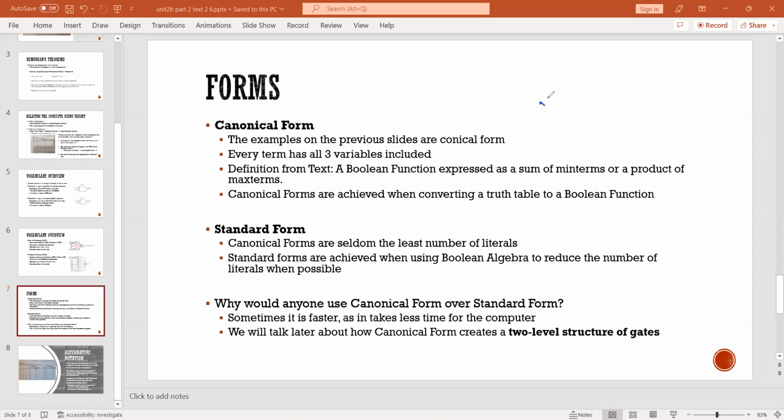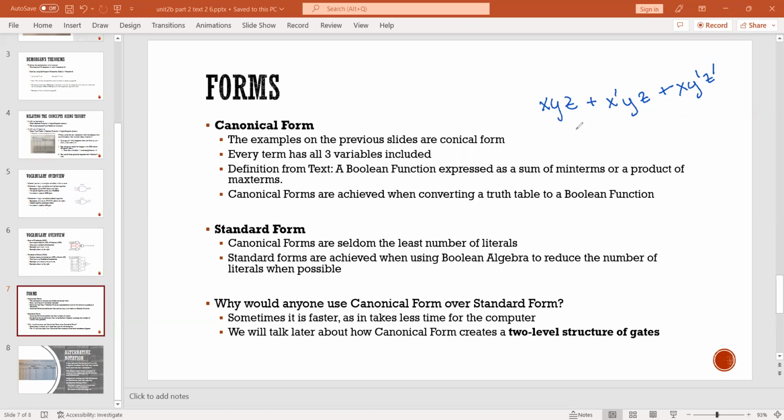So if you had like X, Y, Z, and then you said plus X prime, Y, Z, whatever it is, plus X, Y prime, Z prime, whatever it is, that is canonical form.